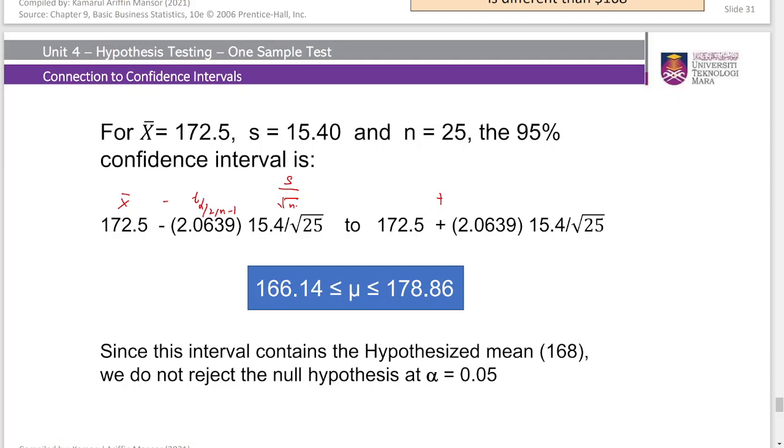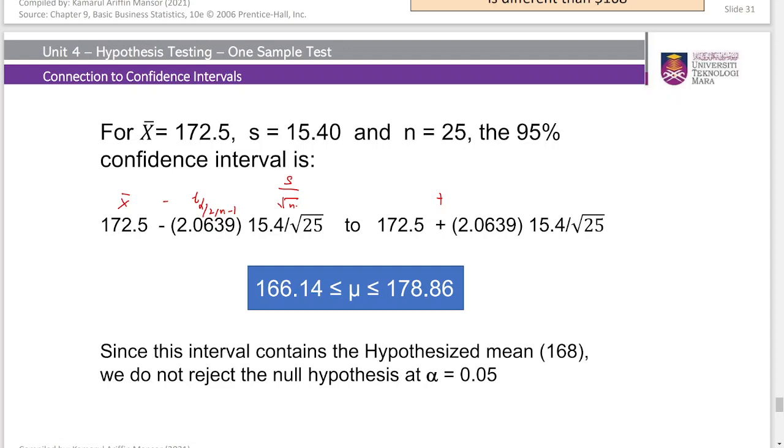Since this is 95% confidence, you can say that with 95% confidence, we are confident that the true population mean will be between 166.14 and 178.86.